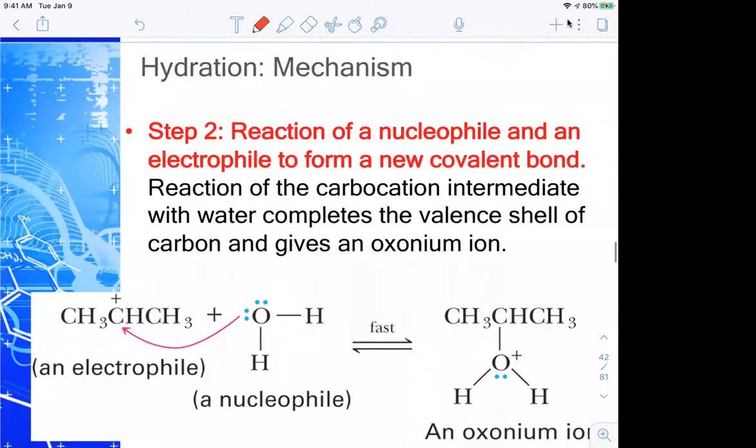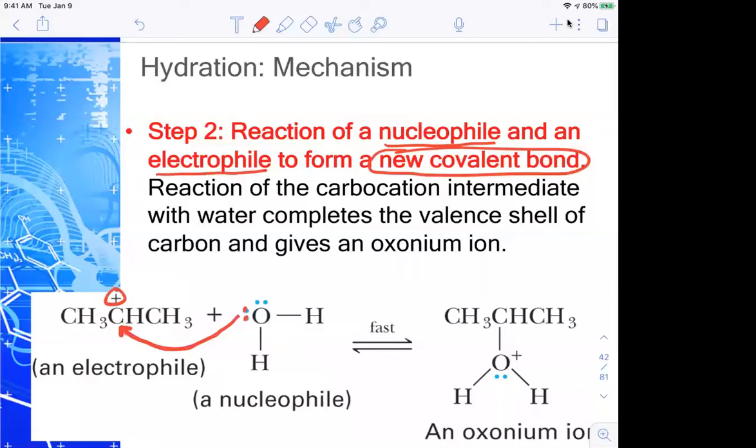So the next step is pretty much similar. I'm going to react the nucleophile and the electrophile, and I'm going to form a new covalent bond. So these two electrons actually end up reacting with the carbon that bears the positive charge. And this is a fast step. Remember, the slow step is always formation of the carbocation.